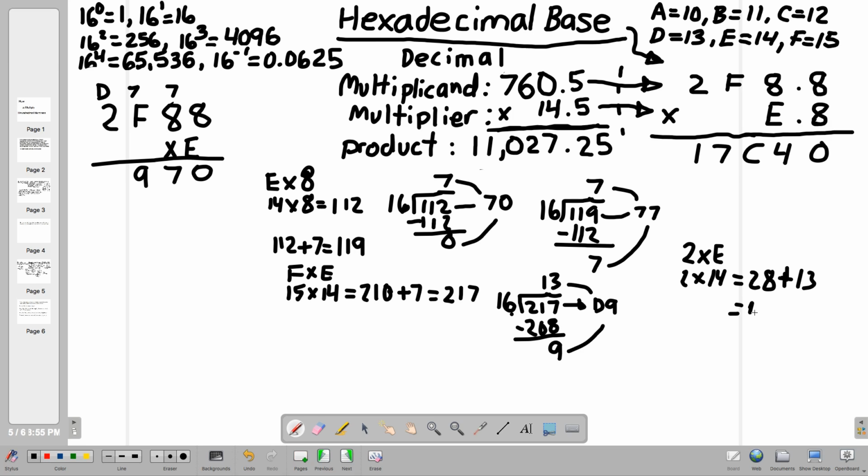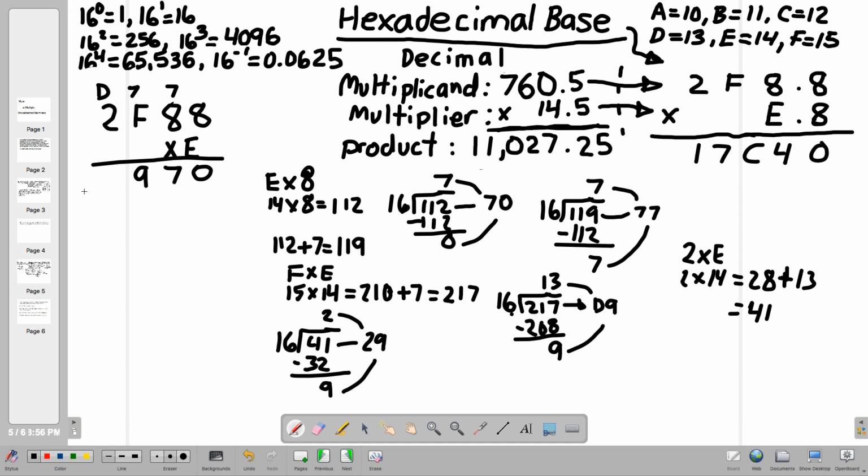Okay, so let's convert 41 into hexadecimal. So 16 goes into 41 two times. So we're going to subtract 32. And then 41 minus 32 leaves us with a 9. And it says that 41 in the decimal system is represented by 29 in hexadecimal.